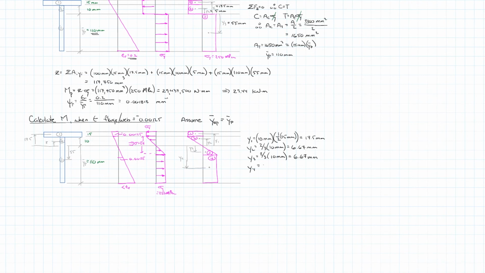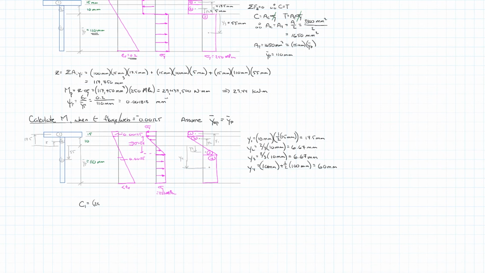And then y4 would be equal to that distance down to that transition, or 10 millimeters, plus 1/2 of the remaining 100 millimeters, or 60 millimeters.